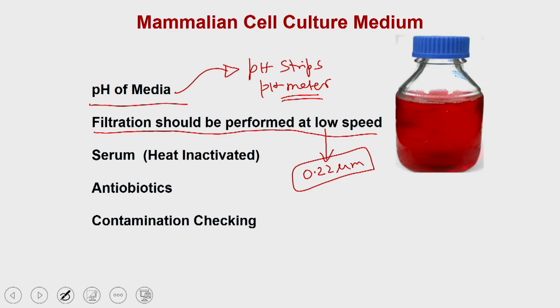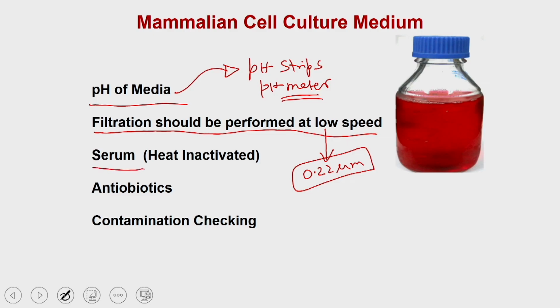The membrane has a pore size of 0.22 micrometer, and if you do it at a very high speed, it is going to make those pores slightly bigger, and because of that some of the bacteria or contaminating agents can get passed through.